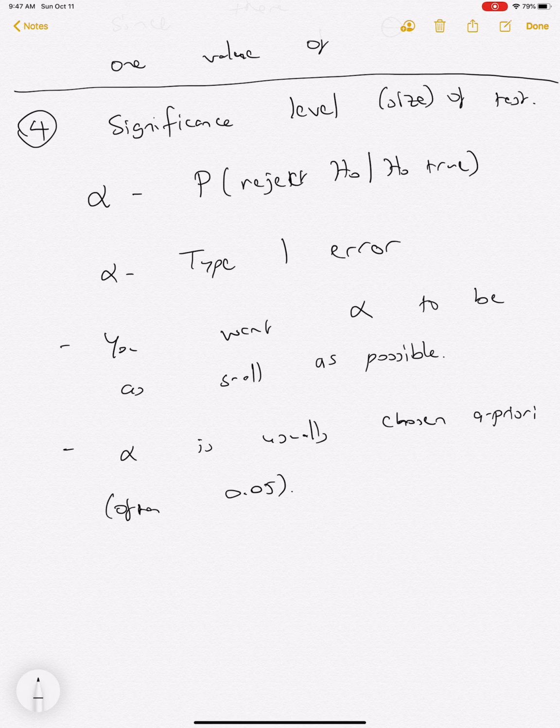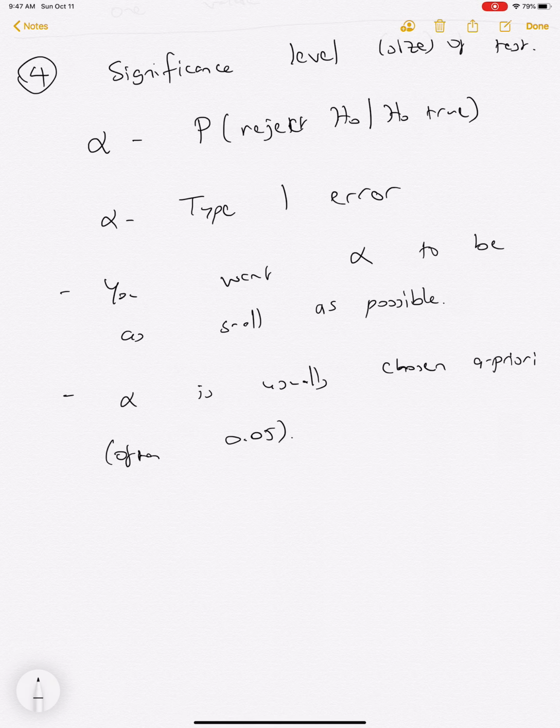This is typically the last thing that you need to know before designing your test. Once you set that alpha, this will lead to the acceptance and rejection regions.